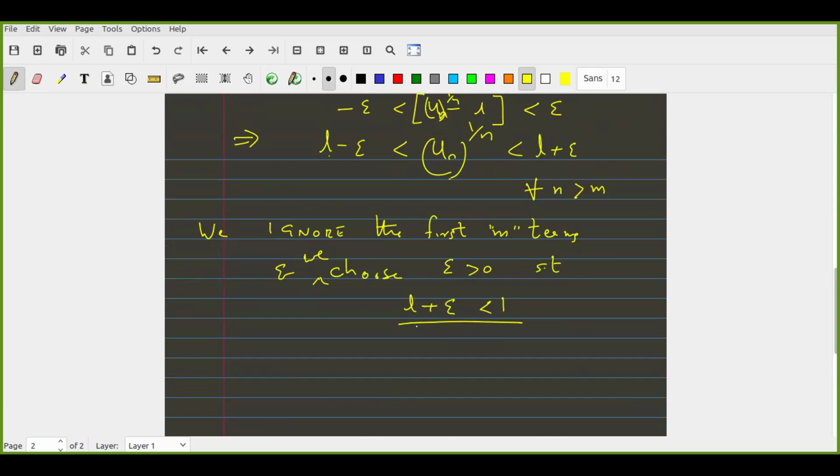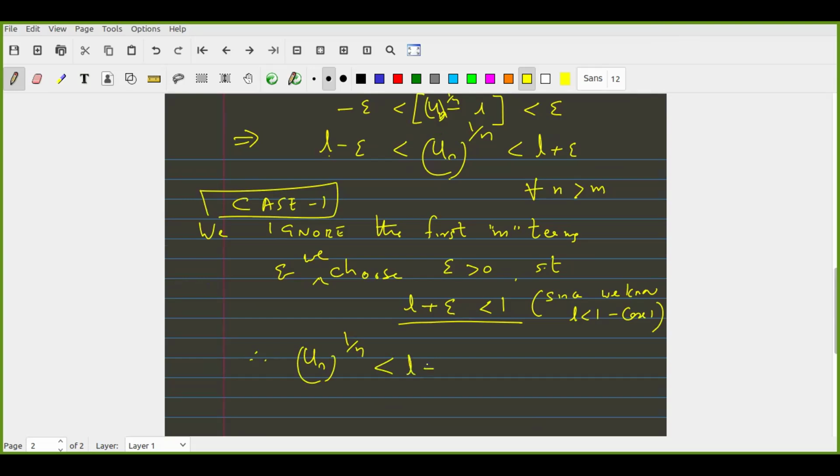So since we know L is less than 1 for case 1, this is case 1 I'm looking at. Therefore you have un power 1 by n is less than L plus epsilon.